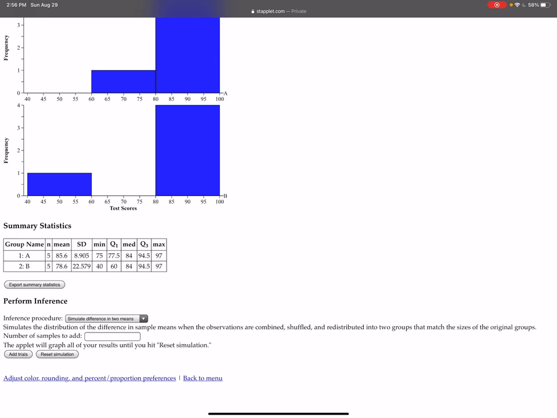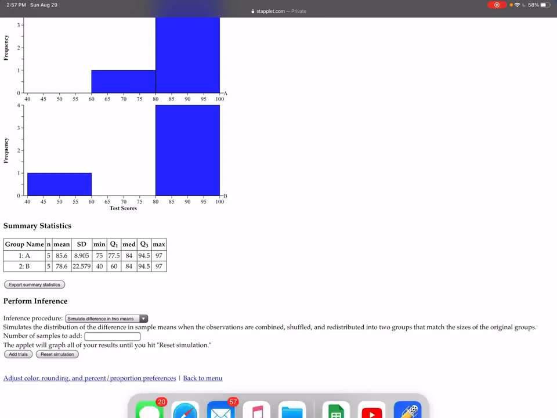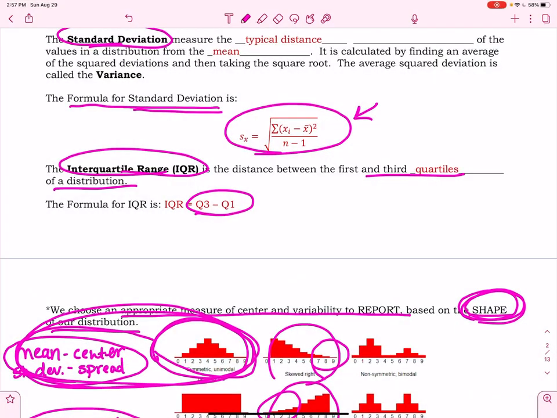If we're taking the difference of those values, notice that the Q1 in Group B, despite the fact that we have a minimum of 40, is 60, which is much higher than 40. See, it's focusing in on the middle 50% of your data, and it's not taking into account those extreme values that might occur on either side.